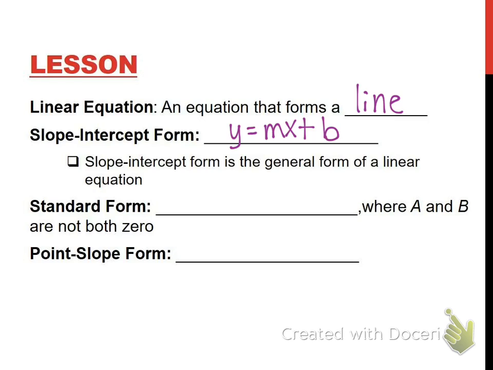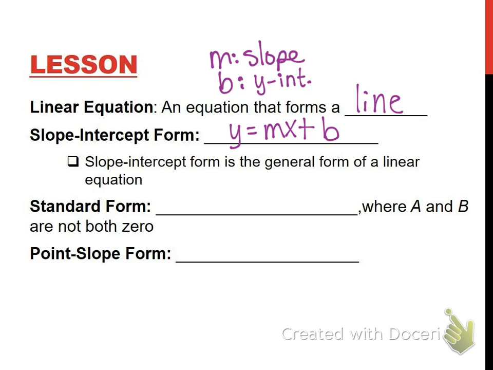What does M stand for? Slope. M is the slope, and B is the y-intercept. That means it is where the line crosses the y-axis.